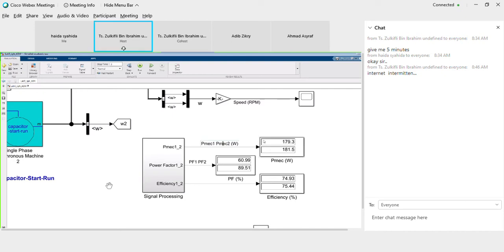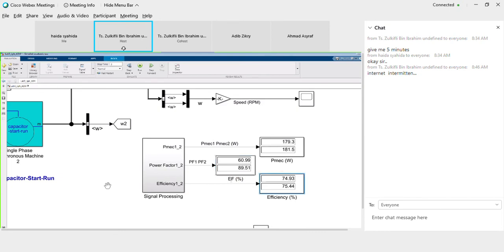So this is your machine number 1, this is machine number 2. This is the efficiency number 1, sorry, power factor number 1, power factor number 2. Sorry, this is what? Oh, it's not PF ni, efficiency kan. So this is your efficiency.